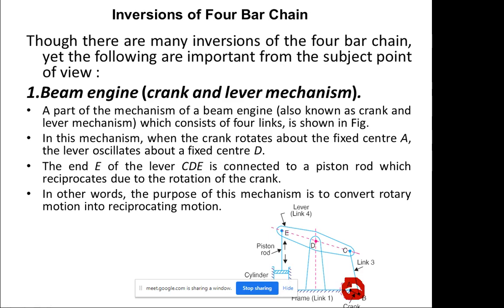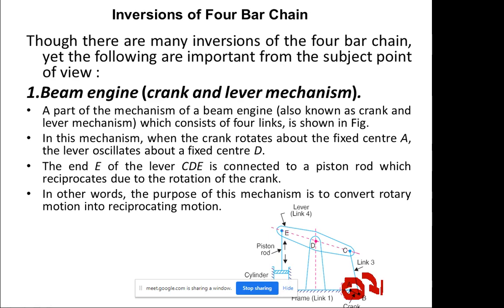When this is rotated, what happens? This entire lever, you can see this CDE, the lever, is connected to this crank here, and this pushes this link with the help of link 3.